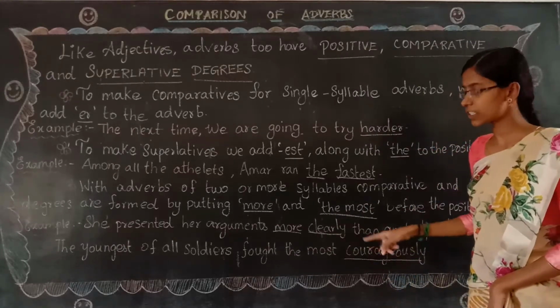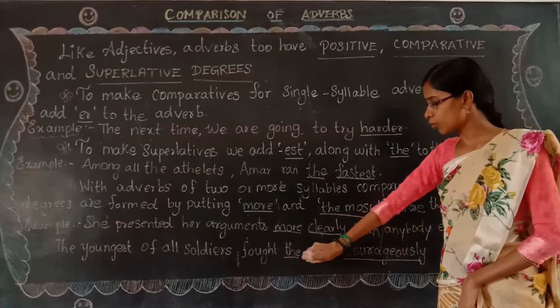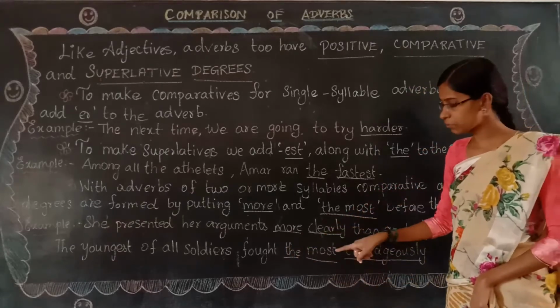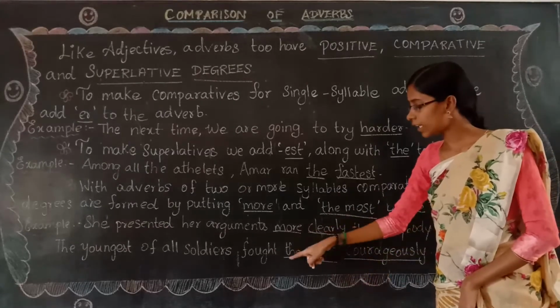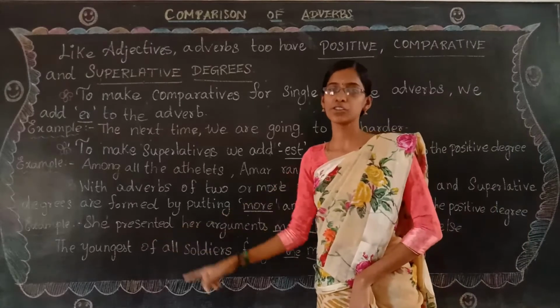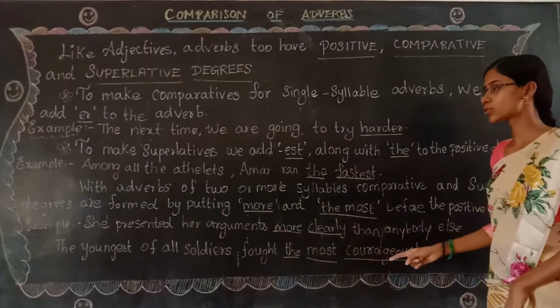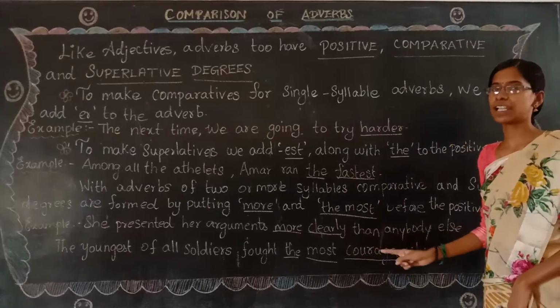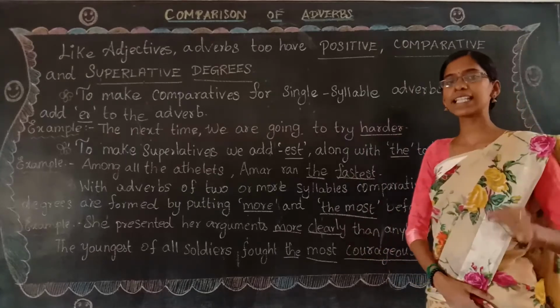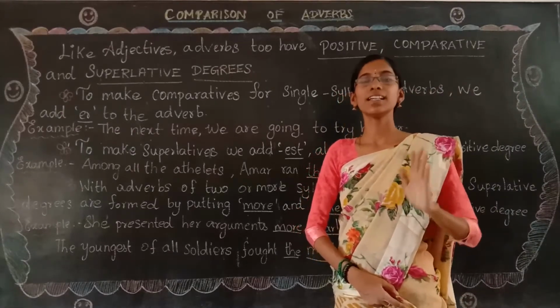So in front of this adverb we have to add the most. Listen carefully, not only most, we have to add the most, because here we are referring to more than two people. If we are comparing more than two people, we have to write it in the superlative degree form. So in this session, we have learned how to compare adverbs in a sentence.